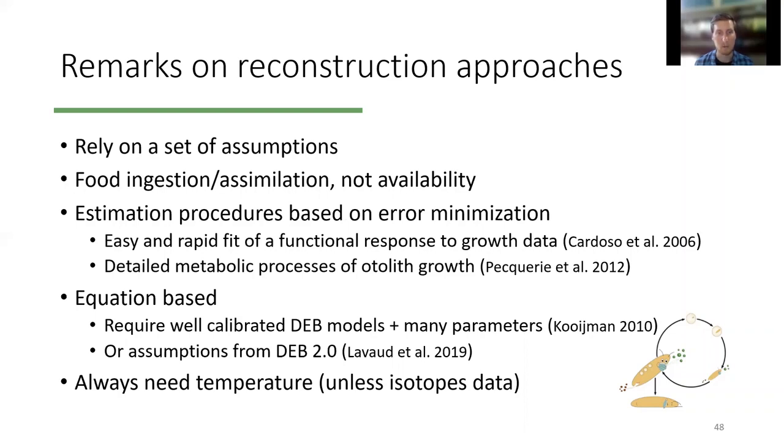And this is so because when you invert the model, you can only go back to a certain point, and we are not able to model the selection process that may happen between what is available in the environment and what is actually ingested by the organism.